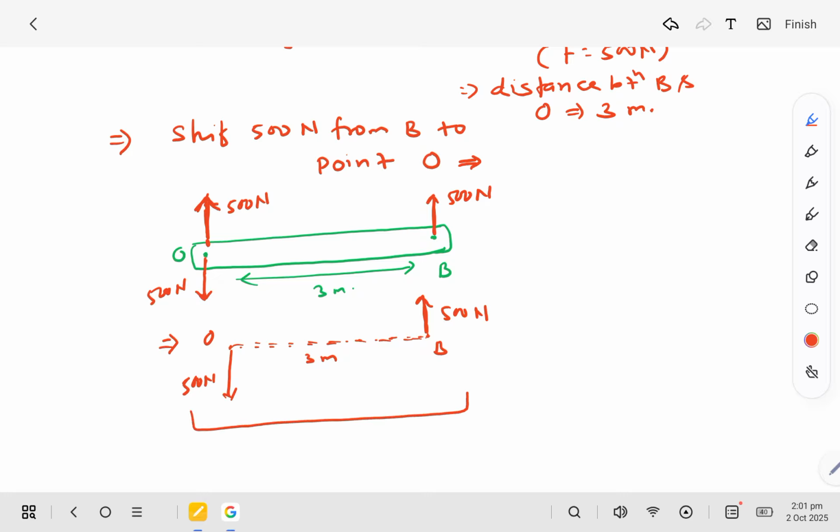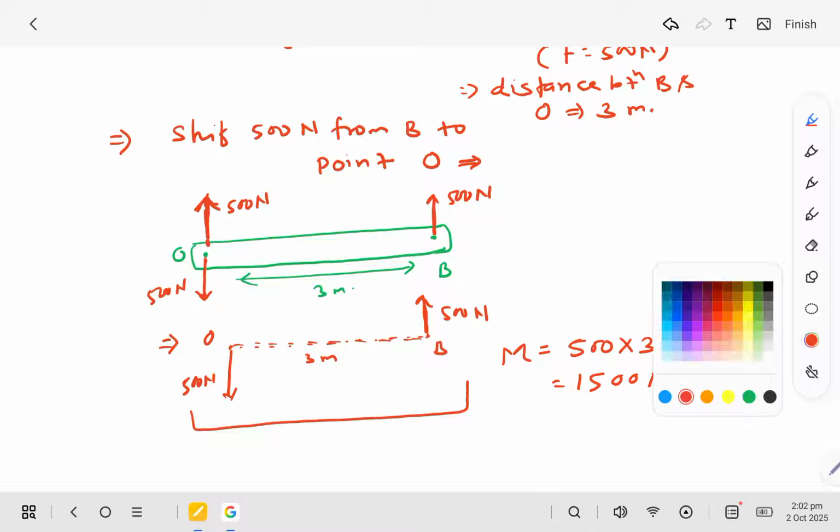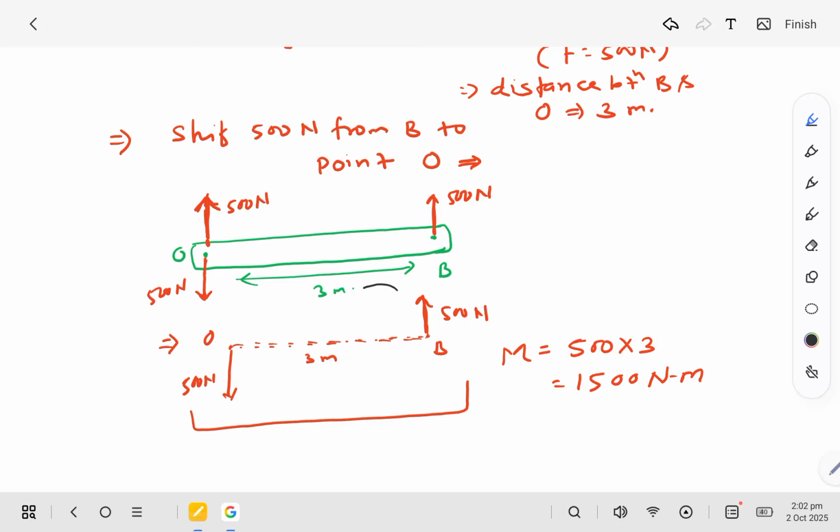The moment of this couple is 500 into 3, means 1500 Newton meter in magnitude, and the direction, because the tendency is to rotate the body in this direction, is anti-clockwise.